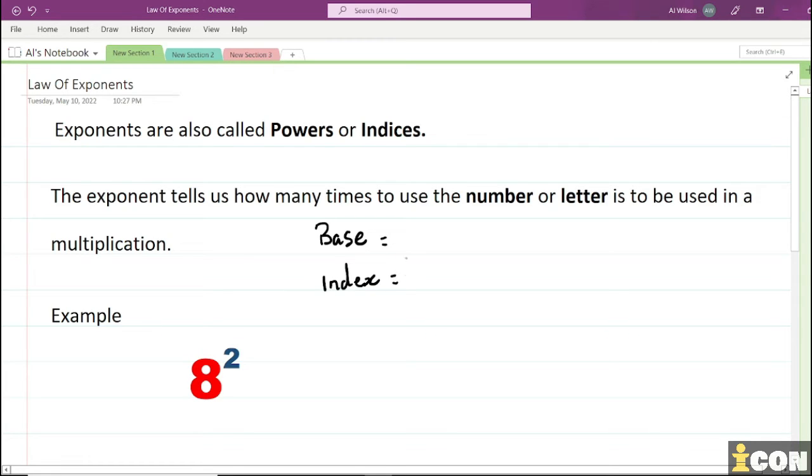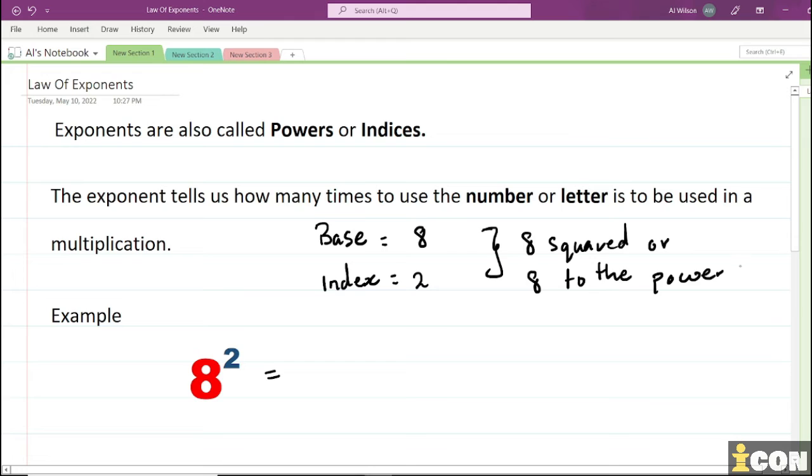So remember, the base is always going to be the large part of it, so the base is 8, and the index would be what is raised to. In this case, it's 2. Now what this means is, in sentence form, 8 squared or 8 to the power 2.